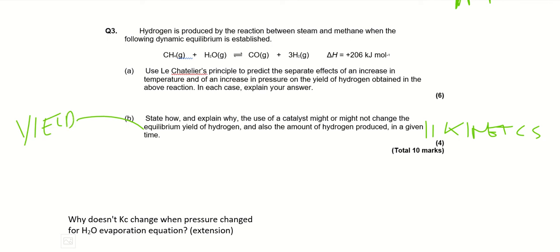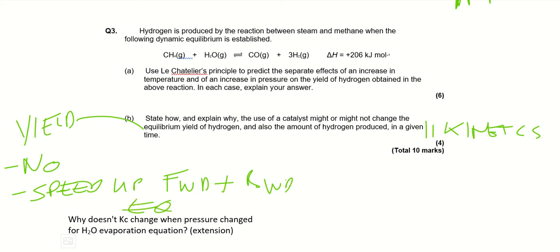So let's keep ourselves organised. Talk about yield first. So using a catalyst, does that affect the position of equilibrium, left-hand side or right-hand side? And the answer is no, because using a catalyst speeds up the forward and the backward reaction equally, because it lowers the activation energy equally for both forward and backward.